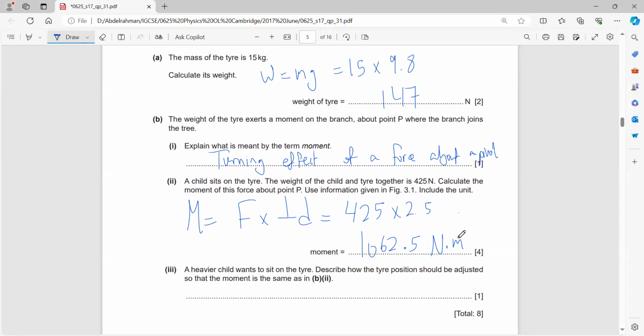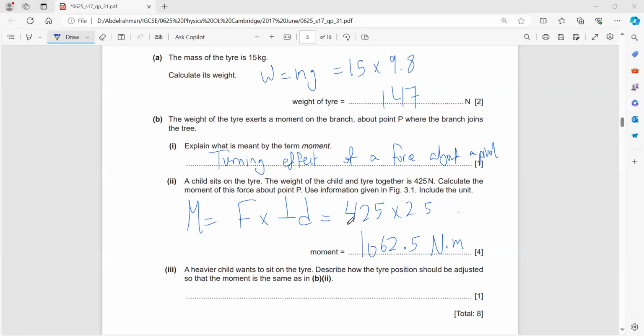A heavier child wants to sit on the tire. Describe how the tire position should be adjusted so that the moment is the same. I need the moment to be the same, but the child is much heavier. Okay, what do you think?